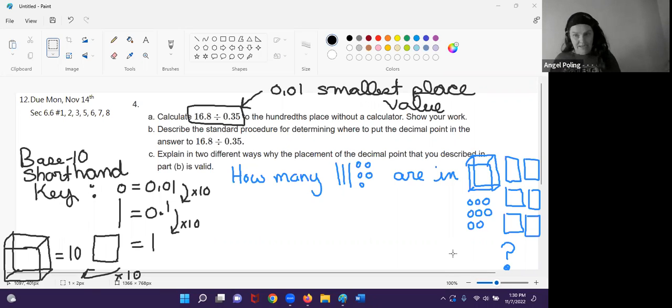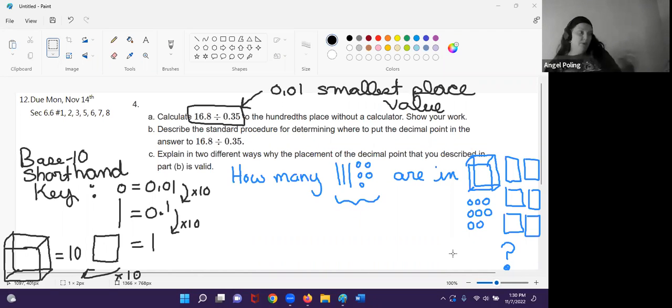We don't need any flats. We'd take all of our flats and break it into rods because we need rods. And then we would take some of the rods and break them down into units so that we could try to make groups of rods and units that look like this. And then that's what we would put out, right?